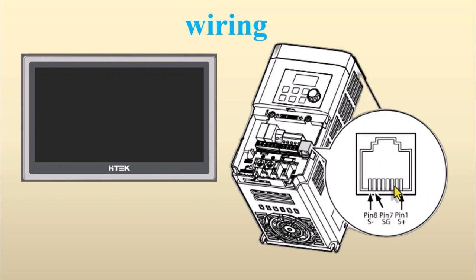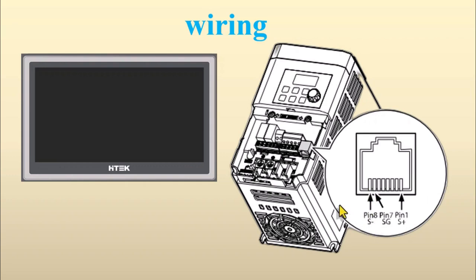According to the diagram you see here, the first pin from the right corresponds to the positive terminal of RS485, or the S-positive terminal. Starting from the left side, the very first pin is designated as the negative terminal, also known as S-negative.